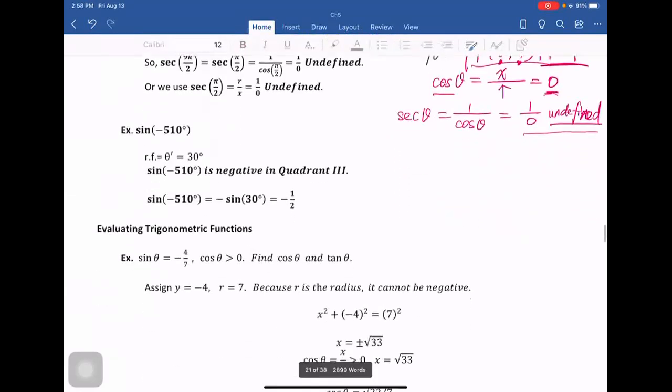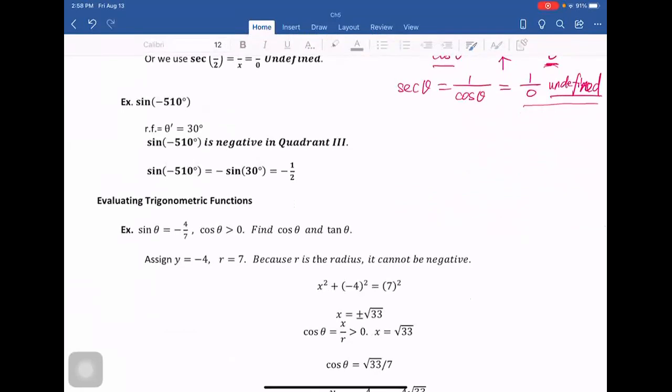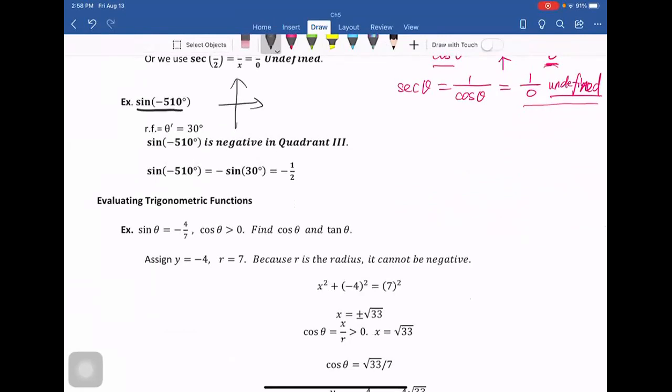The sine of negative 510 degrees. This one. First, I'd like to know where this angle is on my graph, but it is a big negative number. So use the coterminal angle knowledge.